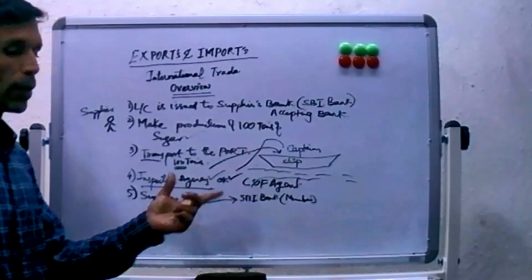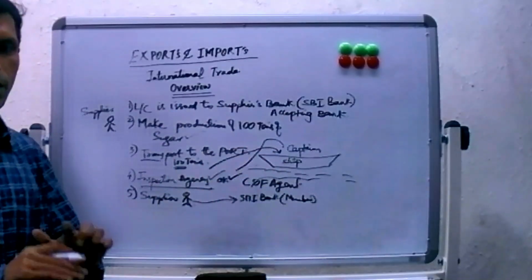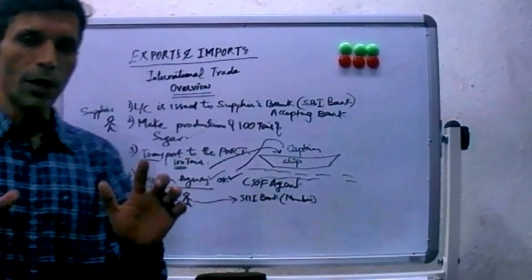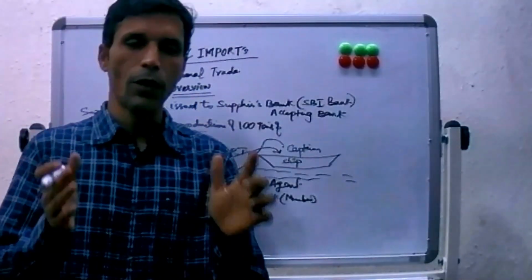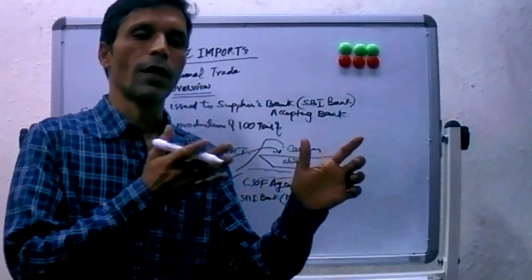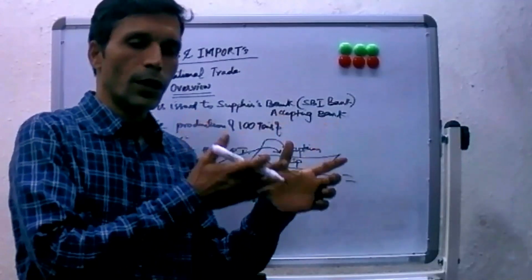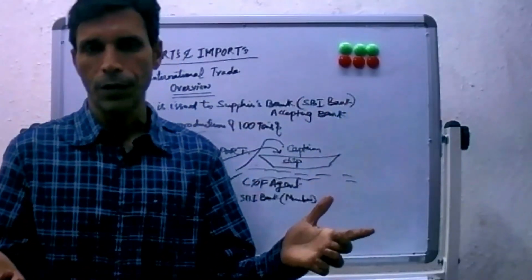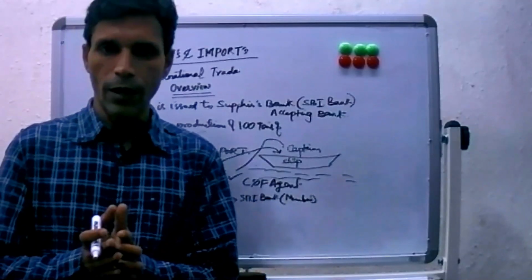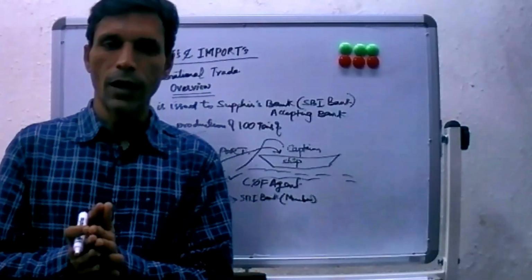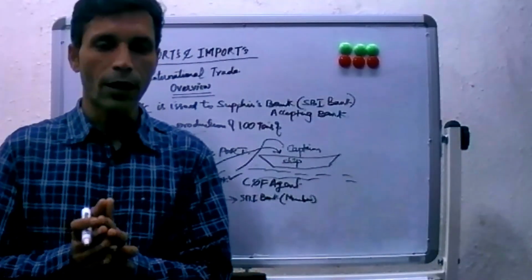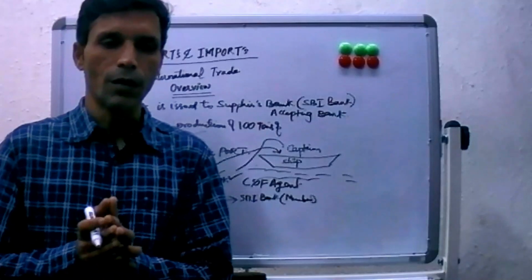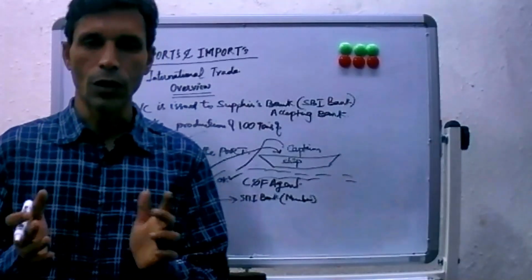Now the bank will check the documents. The bank will not check physically. They will not come and check whether the sugar is loaded on the ship or not, because the bank doesn't care about that.